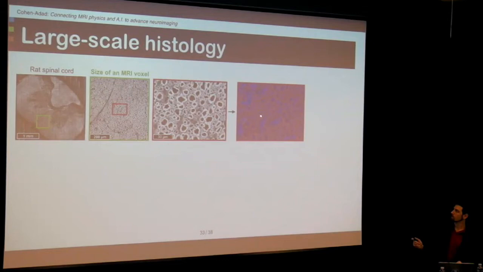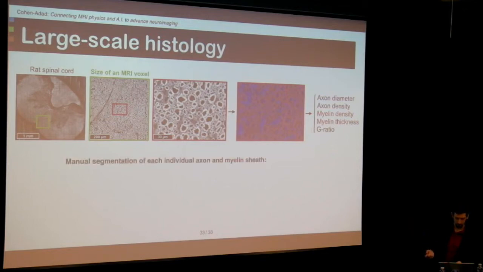In red, you have the myelin that we are interested in quantifying. We are also interested in quantifying the density of those cells. So we need to segment individually the myelin sheath and those neuronal cells in order to compute those metrics that MRI gives us.